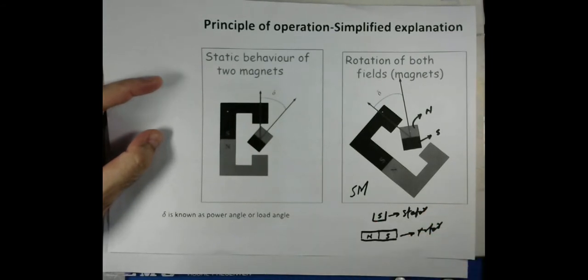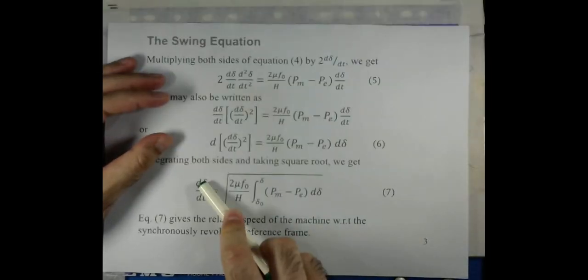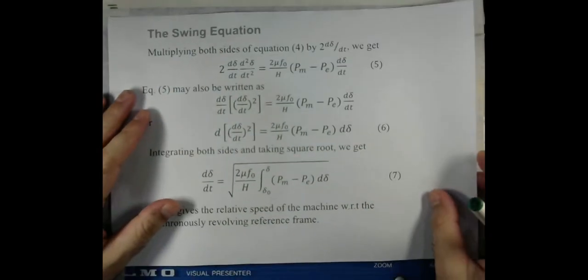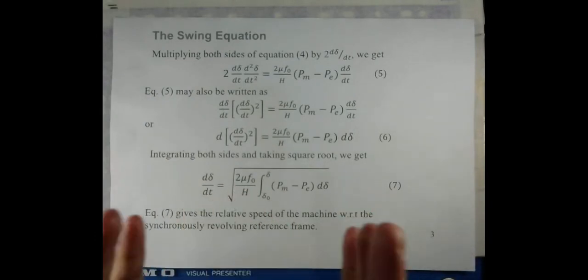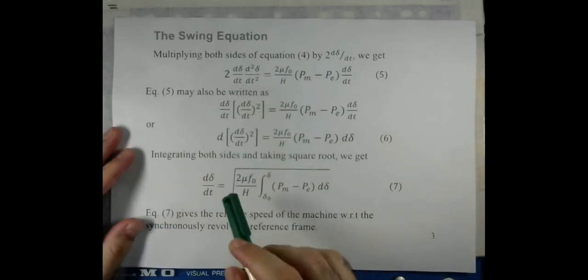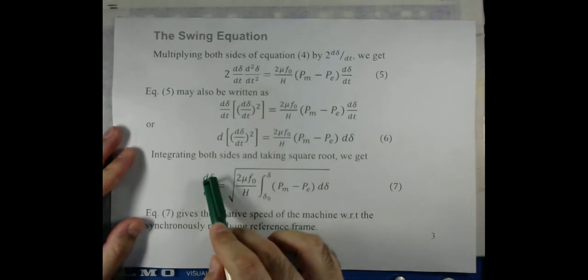But if there is a disturbance, then the angle will change, and the change in the angle with respect to time will give us the relative speed between the rotor speed and the synchronously revolving reference frame. So in order to ensure the stable operation even after the disturbance, this must become 0.